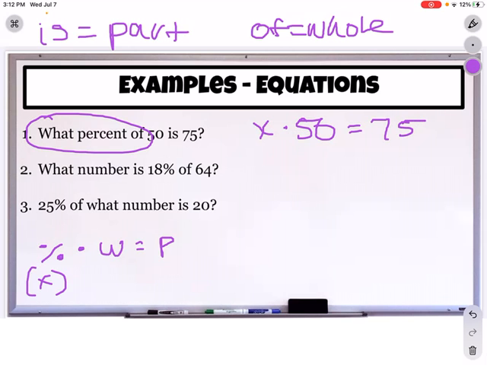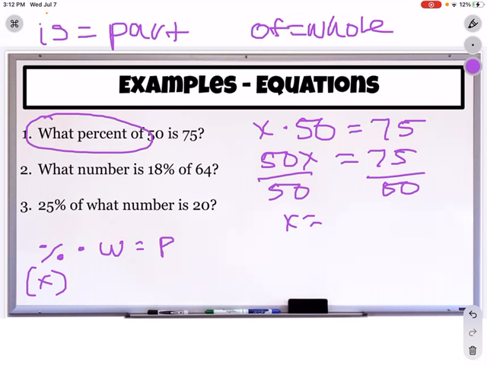So what I can do now is 50x equals 75. Then I can divide by 50 to make the x singular. 75 divided by 50 is 1.5.